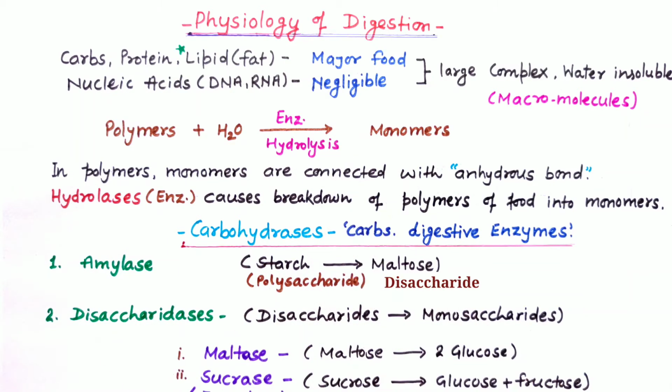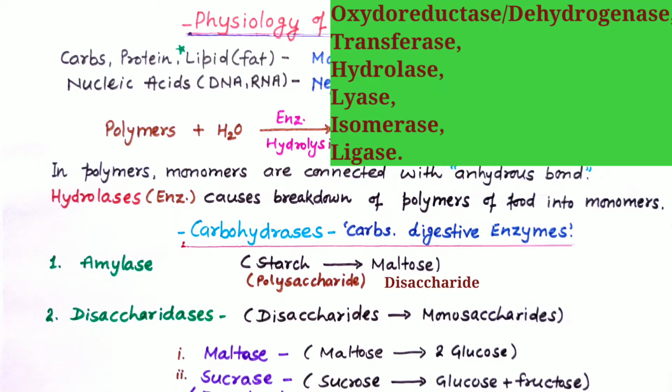are categorized as hydrolases. There are 6 categories of enzymes that we discuss in the biomolecules chapter. You have to memorize them in sequence. These enzymes are oxidoreductase or dehydrogenase, the second is transferase, third is hydrolase, fourth is lyase, fifth is isomerase, and sixth is ligase.